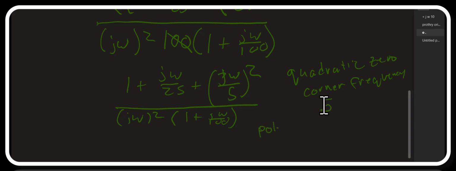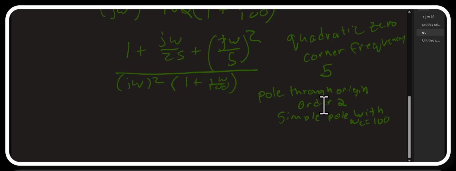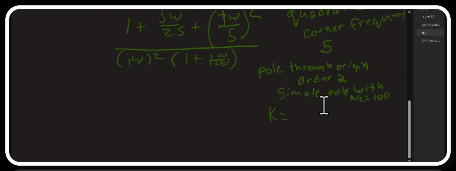I have a pole through the origin of order 2, and I have a simple pole with omega c equal to 100. And my constant is 1. So I'll take 20 log 1, which gets me 0. So that's nice.